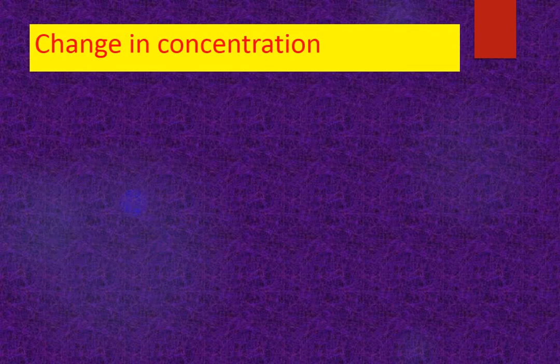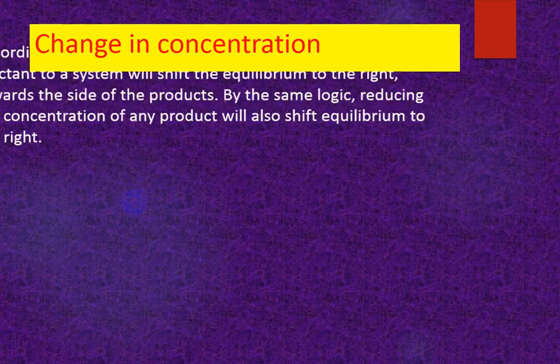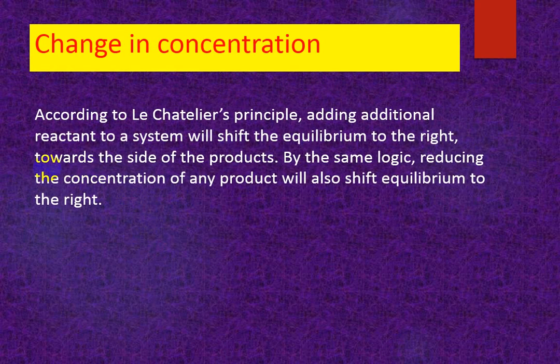Change in concentration. According to Le Chatelier's principle, adding additional reactant to a system will shift the equilibrium to the right, towards the side of the product. By the same logic, reducing the concentration of any product will shift the equilibrium to the right.